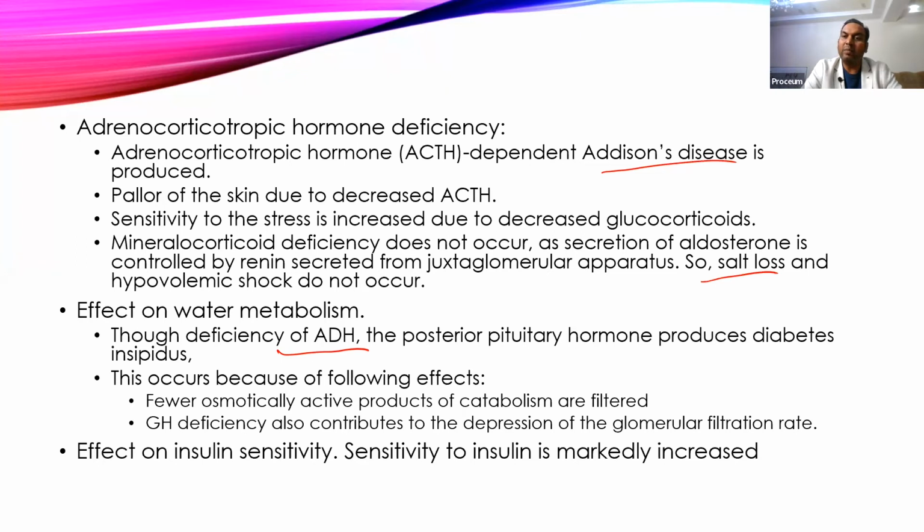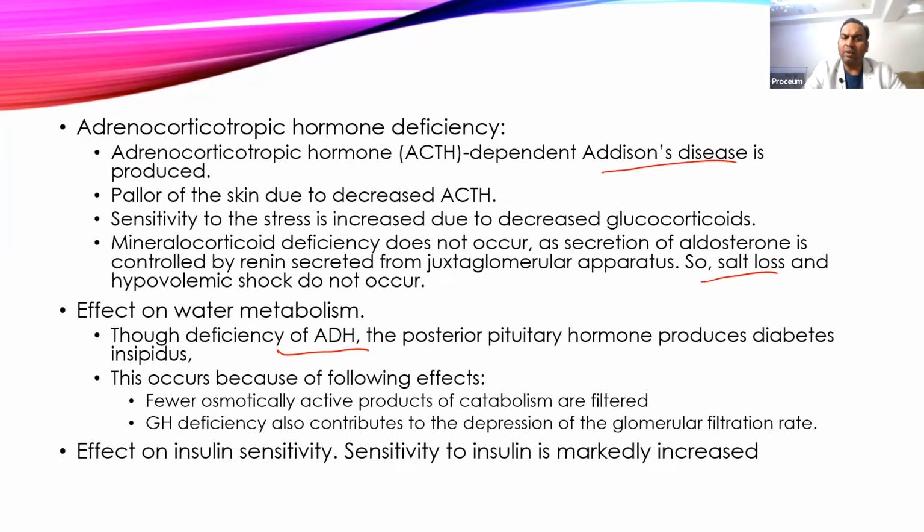Because water is being lost, it increases thirst, so there will be polydipsia. So you drink more water, and more urine will be formed. That patient with ADH deficiency is very sensitive to hypovolemia because of loss of water.